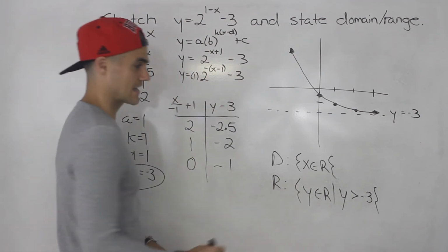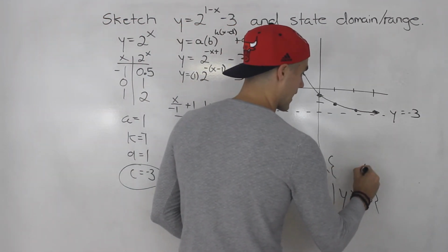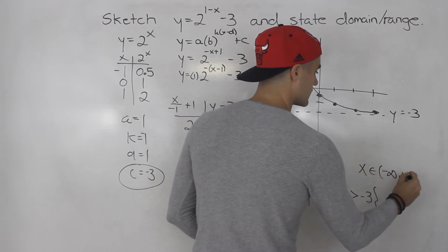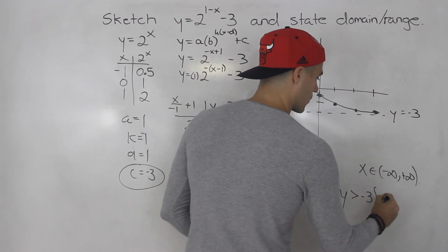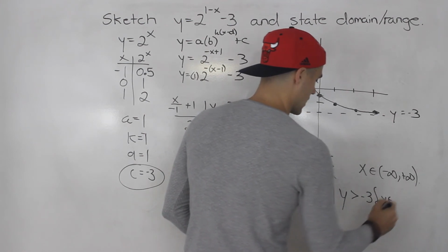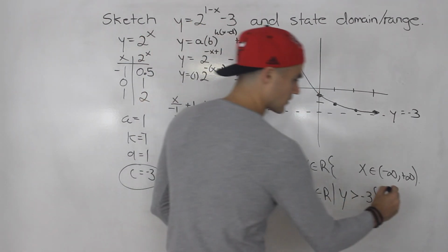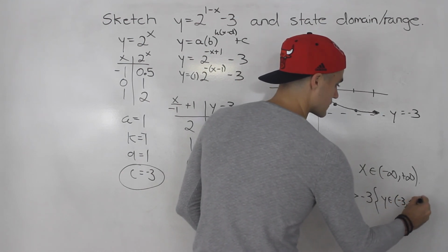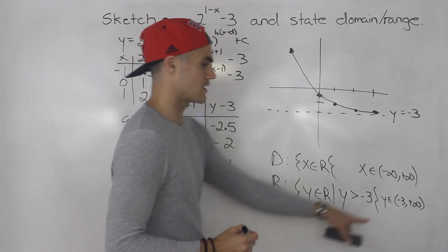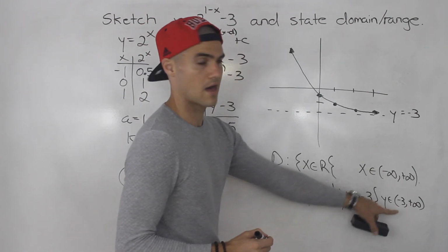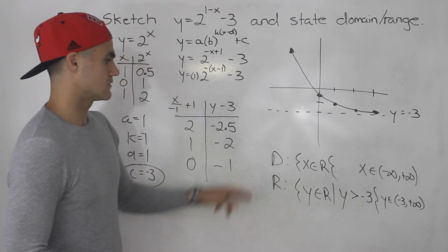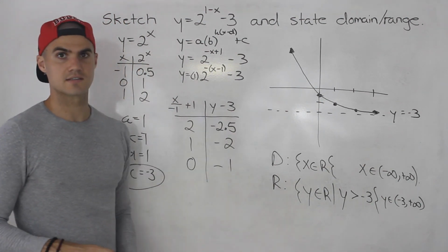Sometimes they'll ask for this in set notation too, so basically x would be an element between -infinity and +infinity, and y, if it's greater than -3, will be from -3 to +infinity, and it's not inclusive of that -3. That's why there's a round bracket there. Right? That's the domain, that's the range, that's the graph.